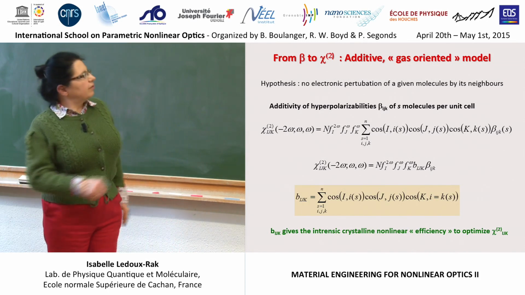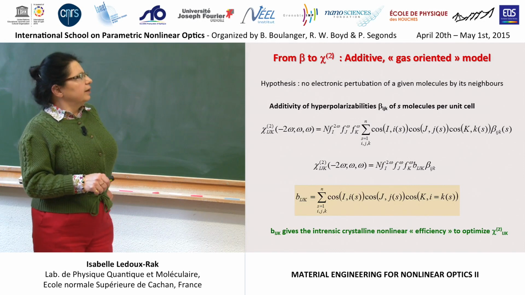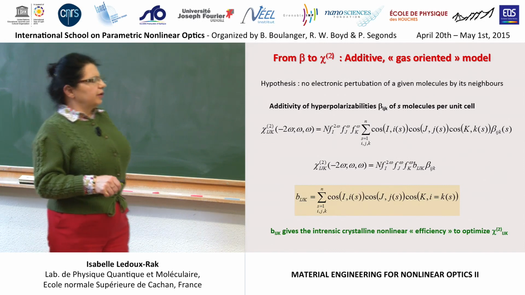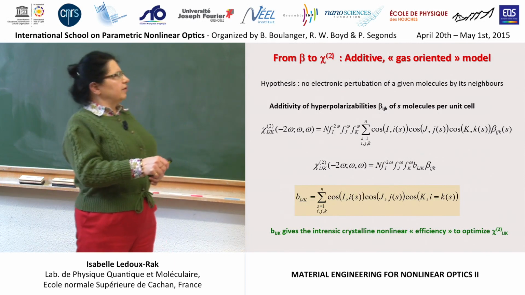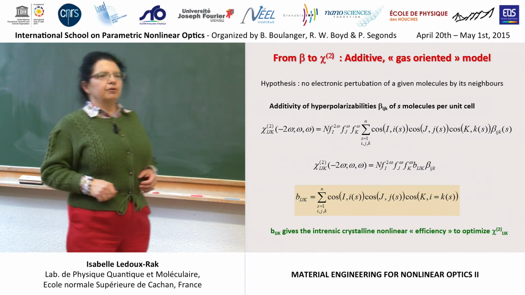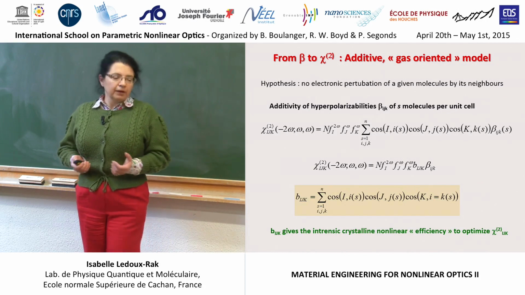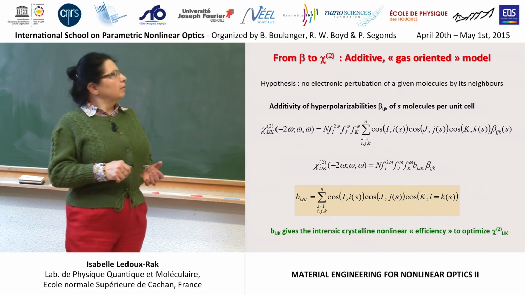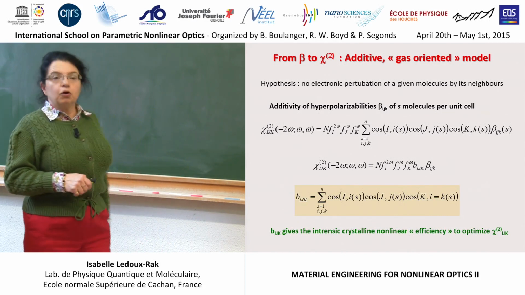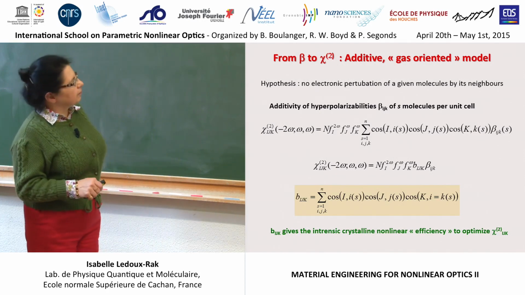And in such cases, we may consider, as a first hypothesis, that molecules, when packed together in the crystal, do not exert significant electronic perturbation on the other ones. Of course, it's a relatively rough approximation, but this model has been shown to work more or less for a wide choice of molecular crystals.